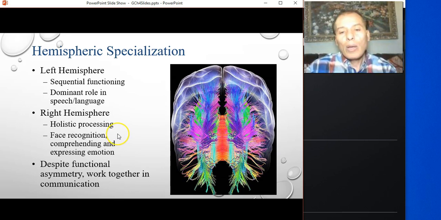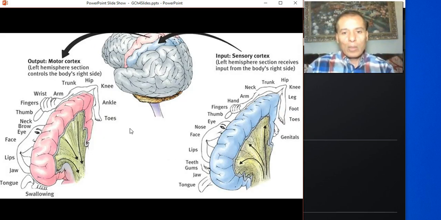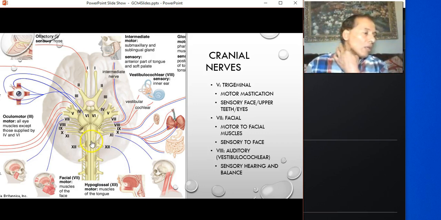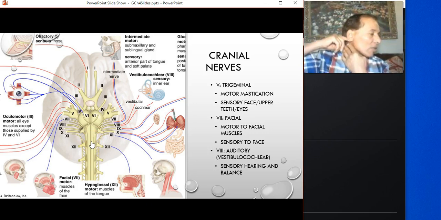I wanted to find an image. Okay, so now, look at this. You have the spinal cord here, and above, as you enter the skull, the spinal cord continues, but as soon as it crosses the skull, we call it the brain stem.